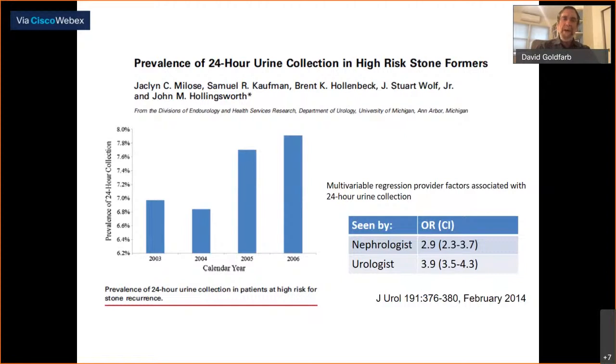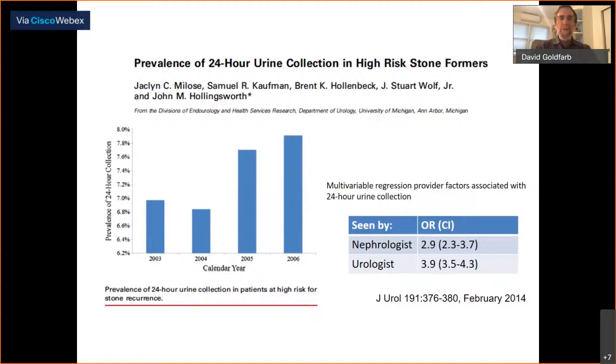The patients that Mahesh was talking about as having a high rate of recurrence, these were patients with a variety of comorbidities that led them to conclude that these were high-risk stone formers. You can see on the y-axis that the number of patients that had a 24-hour urine collection done was about 7%. And it looks like it increased in 2005 and 2006. Not really. It went from 7% to 8%. So the graph is a little bit deceptive.